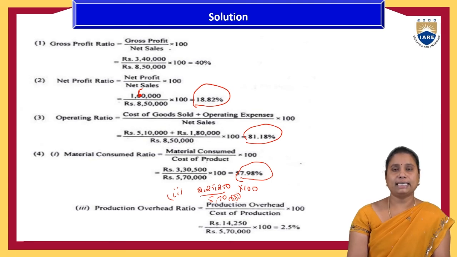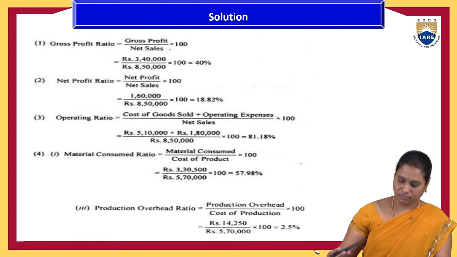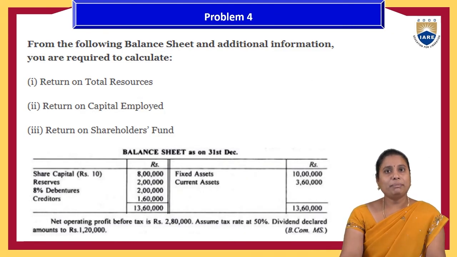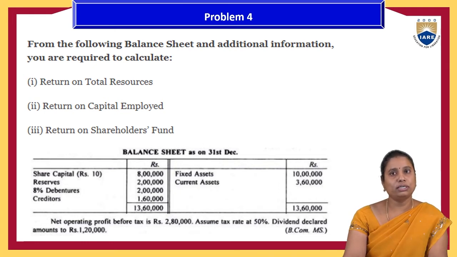So like this, we can calculate these profitability ratios from the given profit and loss account. And the fourth problem: from the following balance sheet and the additional information, you are required to calculate return on total assets, return on capital employed, and return on shareholders' funds.